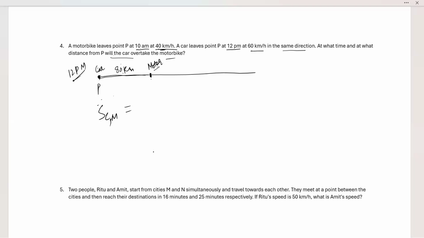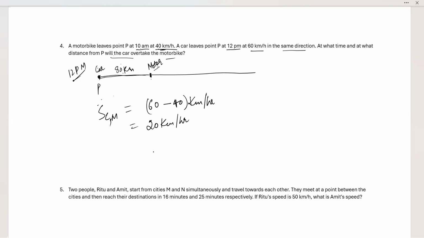This comma should come. So this would be 60 minus 40 kilometer per hour. So this is 20 kilometer per hour. Okay.